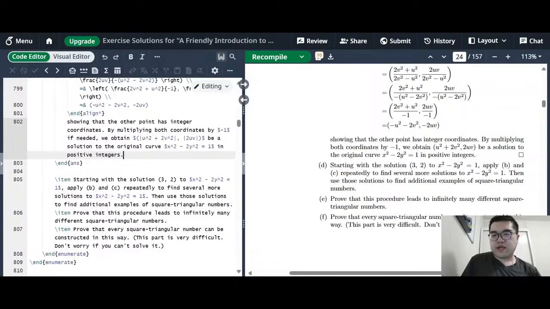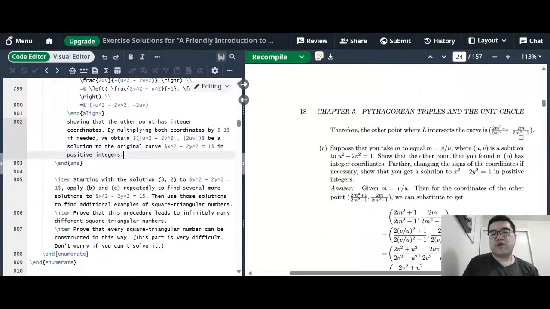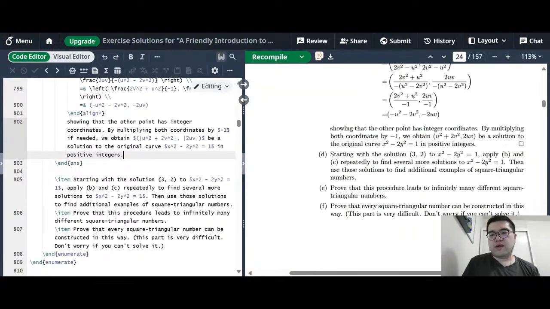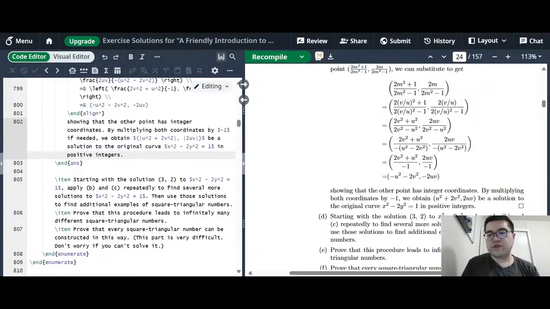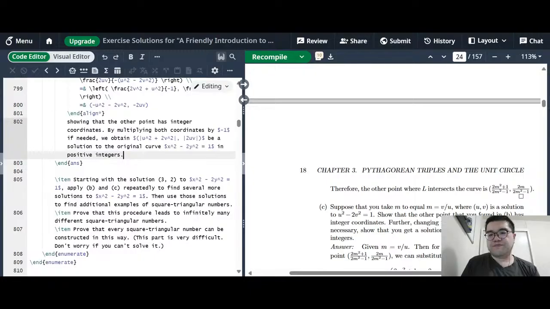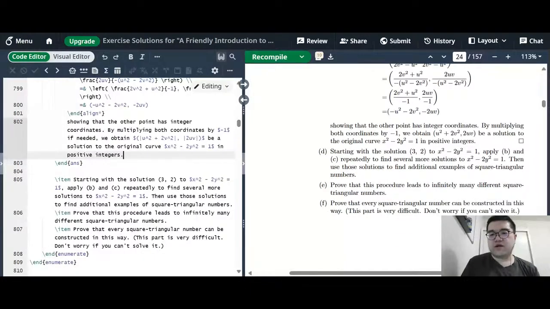In this case, we can see that what we need is u squared plus v squared, and then 2uv here. We can now try to assume that both u and v are positive, such that we are able to get more solutions to the original equation.